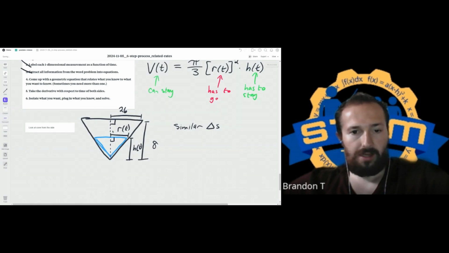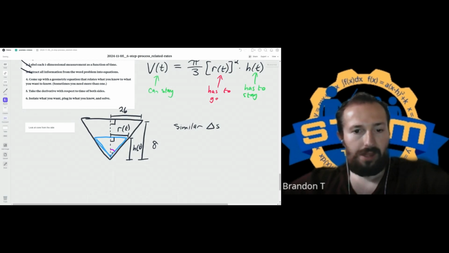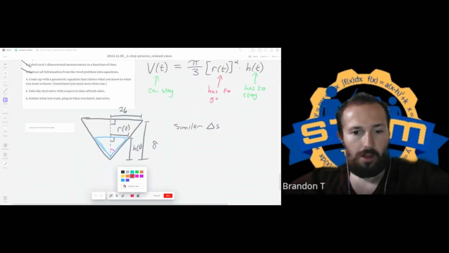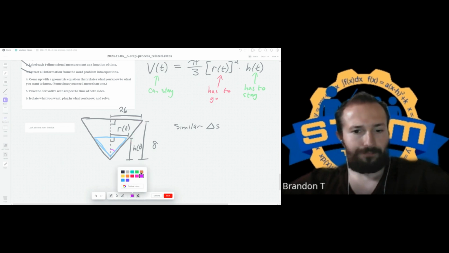So these are both 90-degree angles. And this purple angle is the same in the blue triangle and the larger black triangle. So compare this small blue triangle to the larger black triangle, and hopefully it's clear that they're similar triangles.